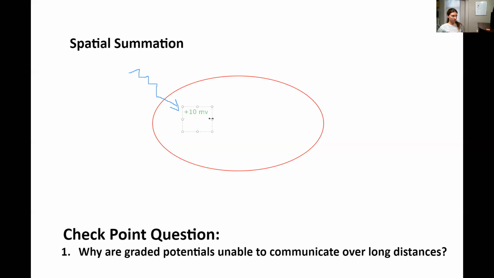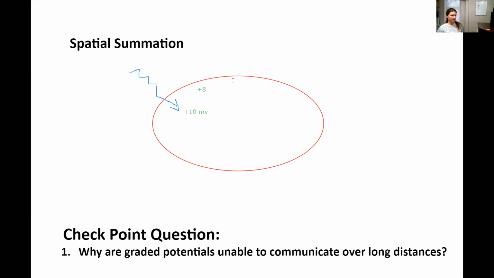A thing that is true about our graded potentials is that they are decremental, so they decrease both over time and over space. So if we were to look, say at this point, about how strong that change to the membrane potential is, at this point we'd only have a change of +8 in our charge.